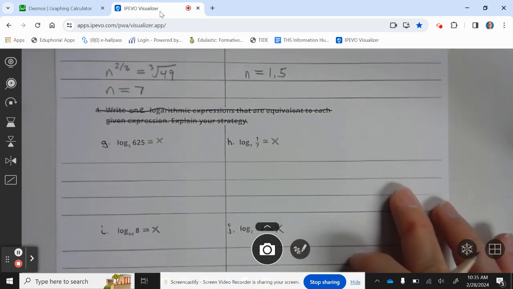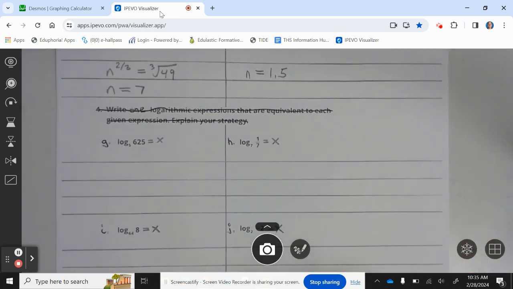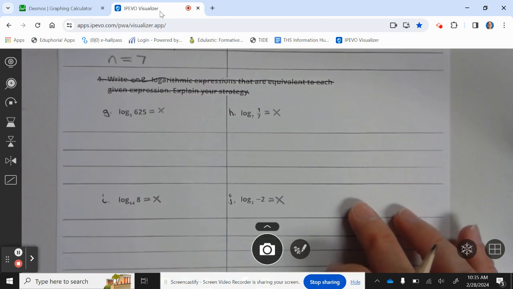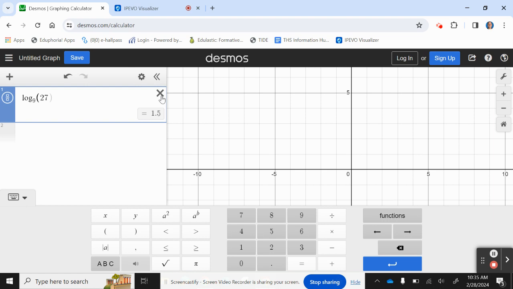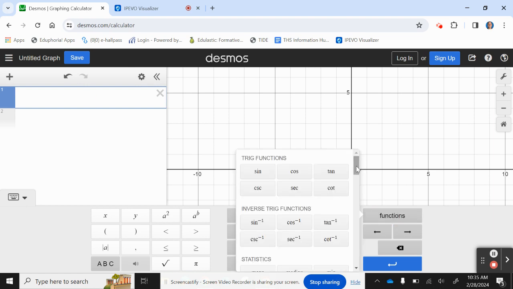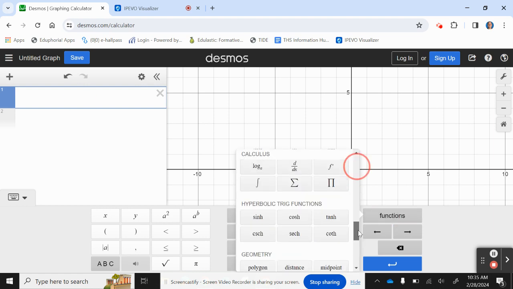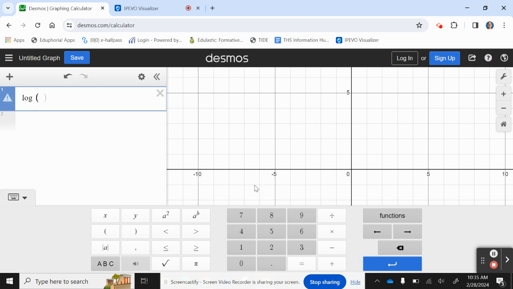Now we can actually do G, H, I, and J all in the calculator. So let's go and do all of those together. So function, log base 5 of 625 is 4.